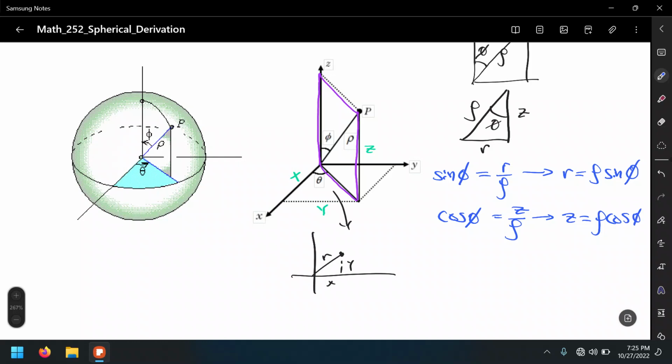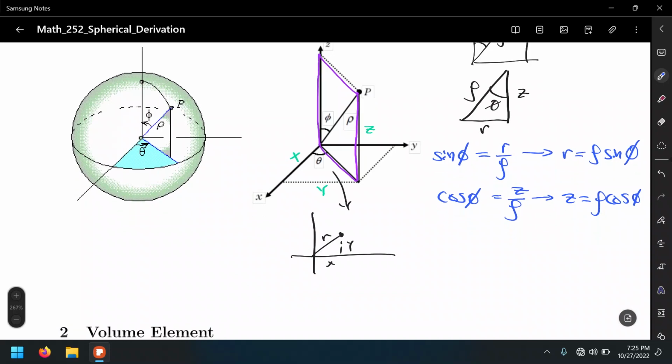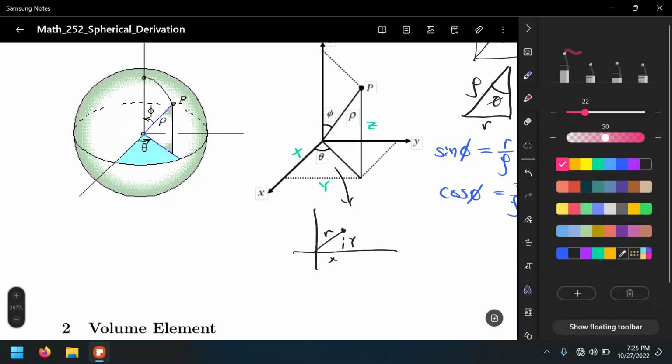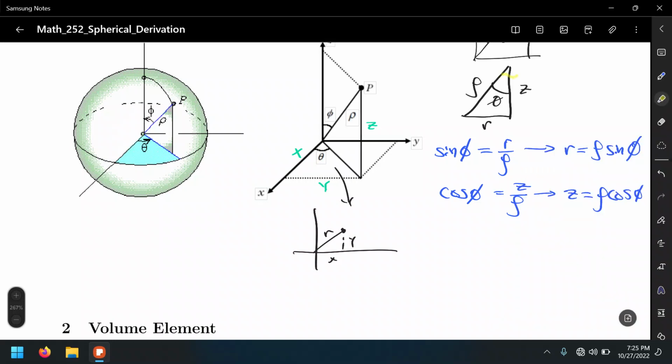Again, basic trigonometry, basic SOHCAHTOA. So that's one relation of formulas right here, and we got it from this triangle.